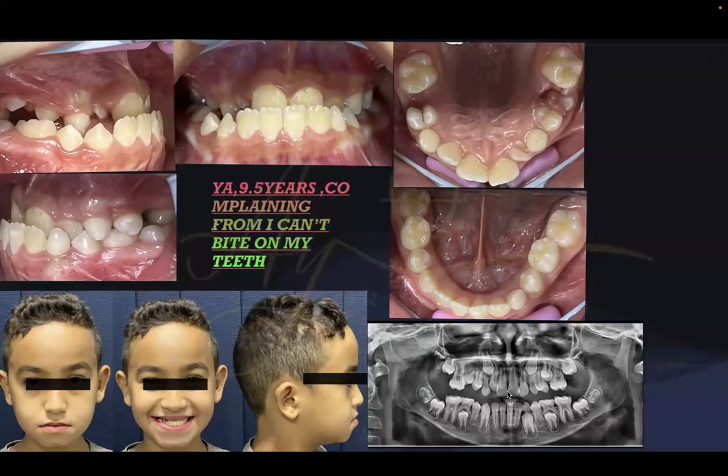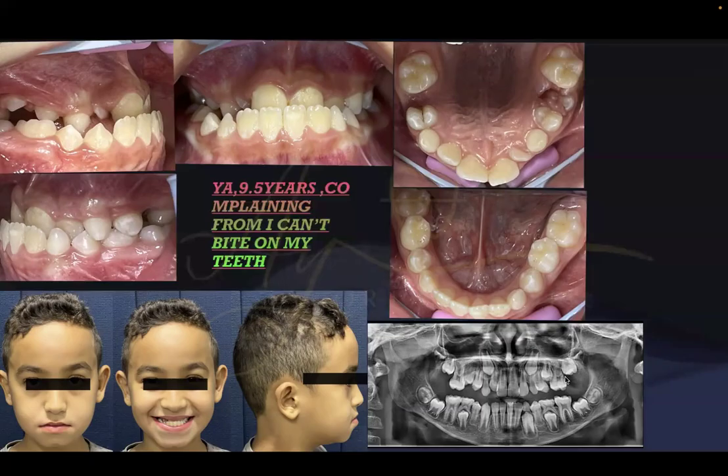The teeth in the eruptive stage are upper canines, upper second premolars and upper second molars, and lower second molars, both lower second premolars and the lower left canine are also in the eruptive stage. Can you see the upper left 5 here? It's not erupted. The space is deficient.